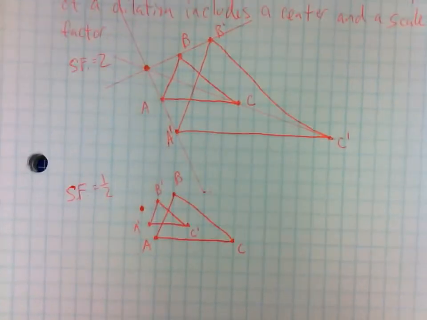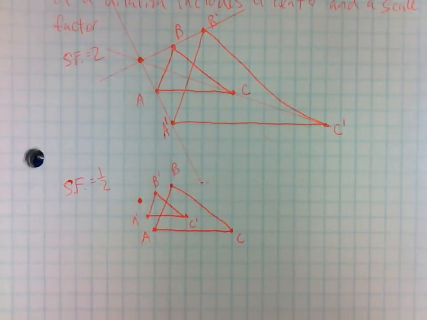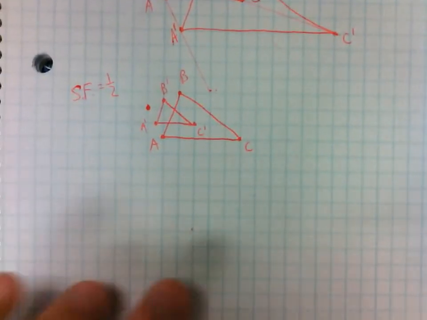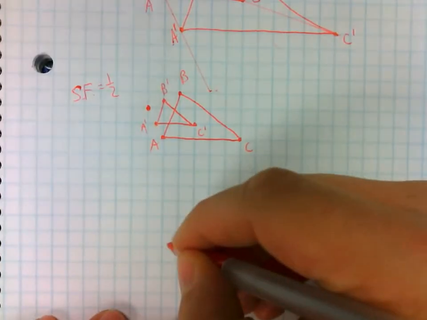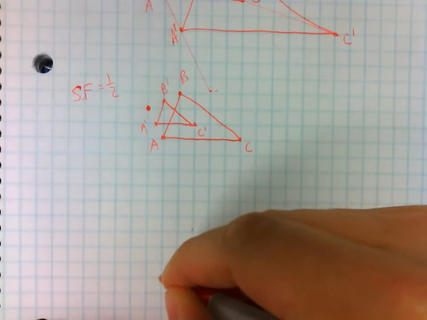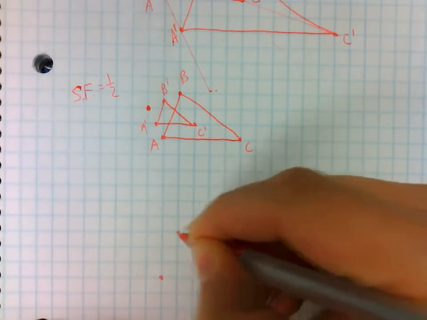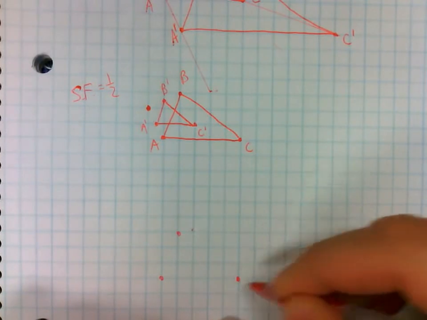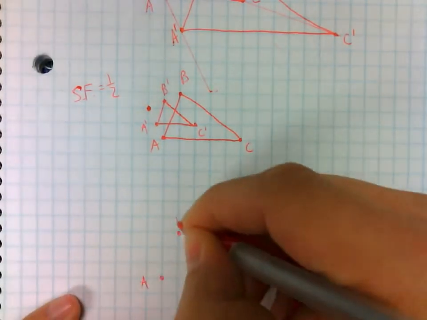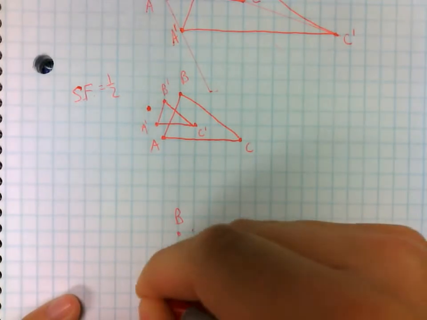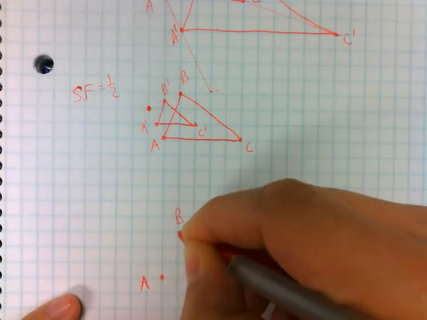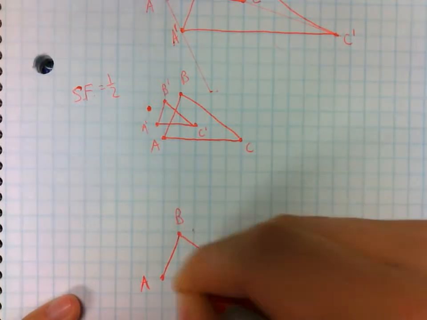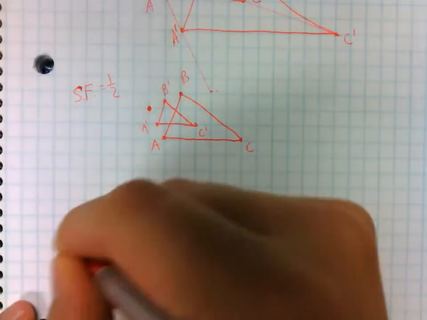Okay, let's do the same picture and the same scale factor, but let's change where the center was. I'm going to make the same original triangle. So there's A, there's B, and here's C. A, B, C. Alright, and let's do a scale factor of 2.